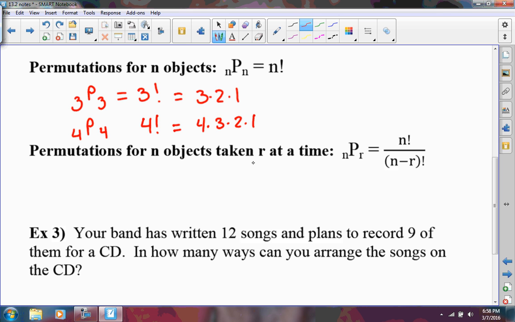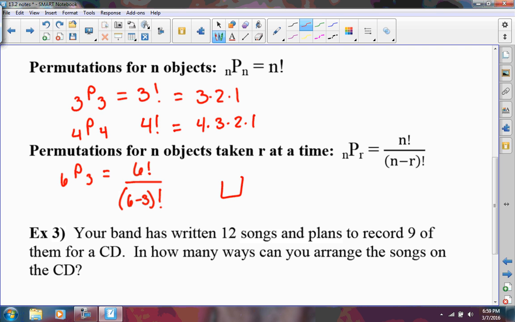So if I have 6 pictures, but I can only put 3 of them on the wall, I would have 6 objects that I want to arrange in 3 spaces on the wall. So then I'd have 6 factorial, but then I would do 6 minus 3 factorial in my denominator, because I can only take the 3 spaces.